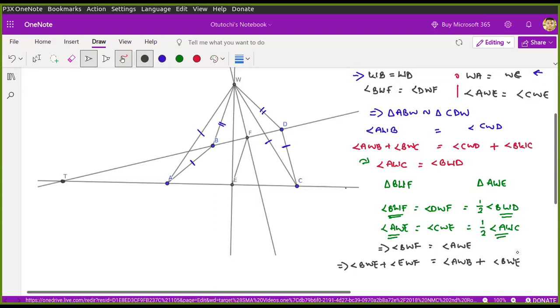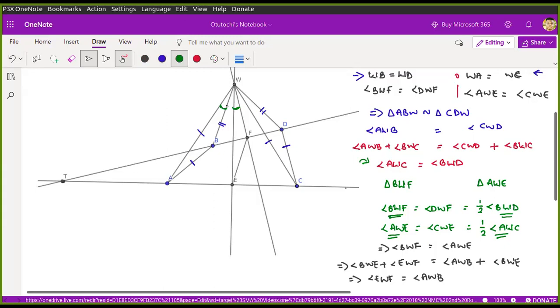Now with this, you can take angle BWE from both sides to give us angle EWF is equal to angle AWB. So basically we have these two angles being equal. Remember, we are trying to show that AWB and EWF are similar, so we are on the right track.